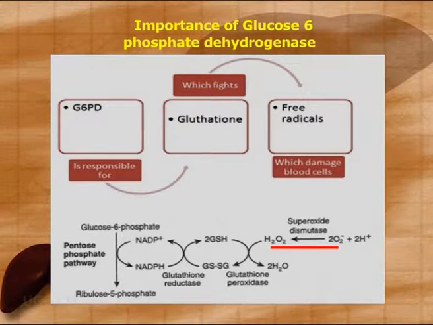The H2O2 formed is converted to water molecules by the enzyme glutathione peroxidase and the reducing equivalent here comes from the glutathione, and glutathione is in turn oxidized to oxidized glutathione. Now to convert the oxidized glutathione back into reduced glutathione, again the reducing equivalents come from NADPH molecules.